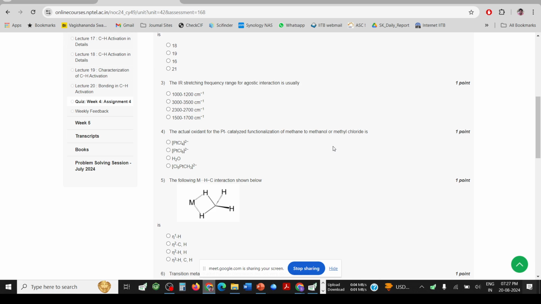The question is saying that the actual oxidant, right? Oxidant means what? Oxidant means it will do the oxidation, right? Yes, sir. And it will get reduced, so something will get reduced when it is in a high oxidation state.